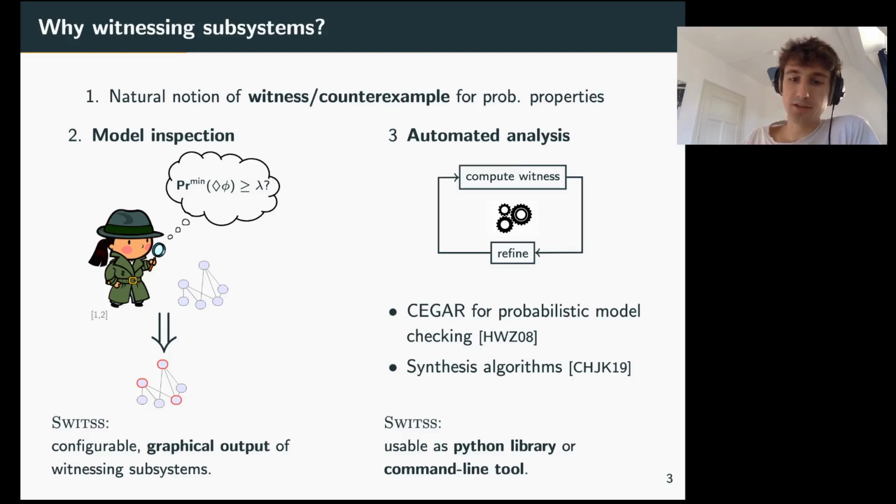So for example, there is a counterexample guided abstraction refinement framework for probabilistic model checking, and also more recently synthesis algorithms have been proposed that use such witnesses, and they profit from small witnessing subsystems. And we have designed SWITSS in order to be easily integrated, we hope, in such frameworks as a Python library or as a command line tool.